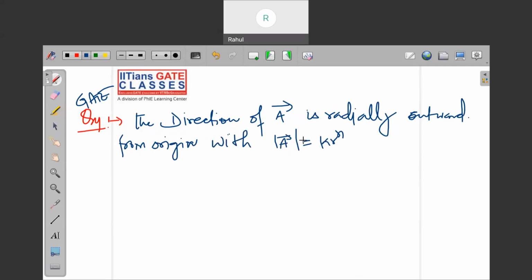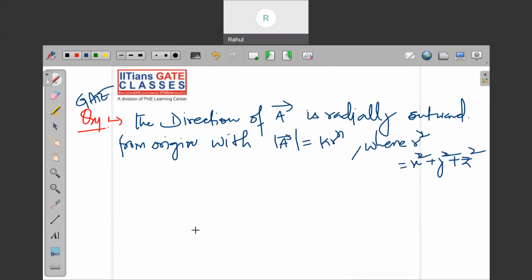So they have given an r component, because r is there, k times r to the power n, and r square is basically x square plus y square plus z square. We know this as well, right? Okay, this we know.